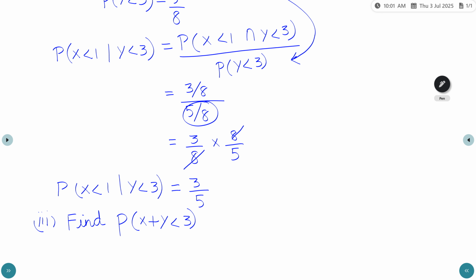Okay, for this problem, this is x-axis, y-axis. In the problem, they gave that x value 0 to 2. So here 1 and 2. Y value 2 to 4.